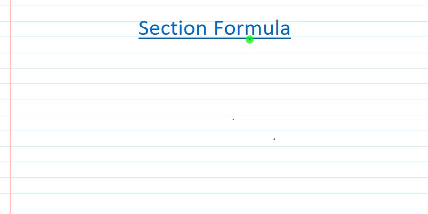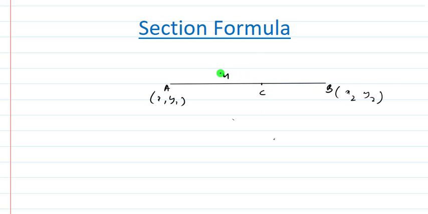Next, let us take the section formula. Before going to the use of the section formula in vectors, let me recall the section formula that you have used in coordinate geometry in 10th class. If you remember, you have a line and 2 points, let them be A and B, having coordinates x1, y1 and x2, y2. Let there be a point C between A and B, such that the ratio in which C divides AB is m ratio n.